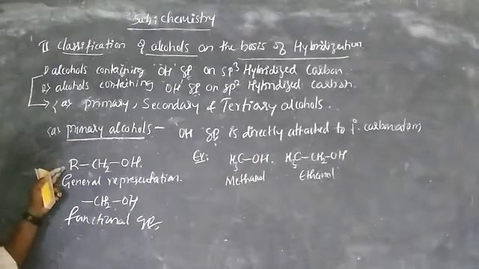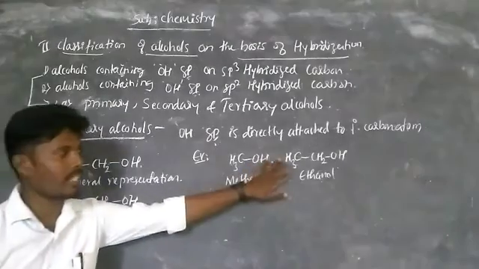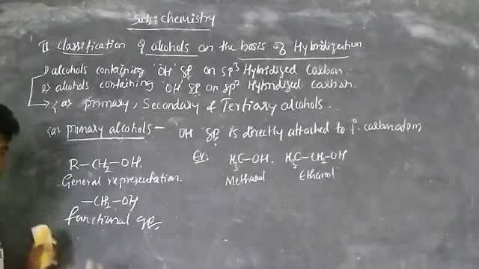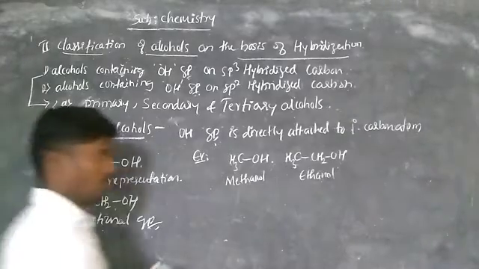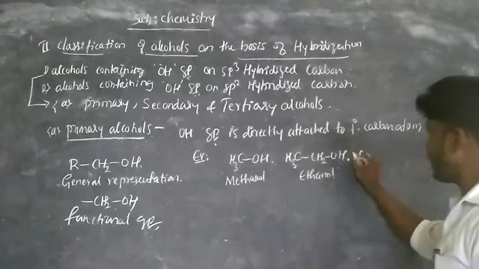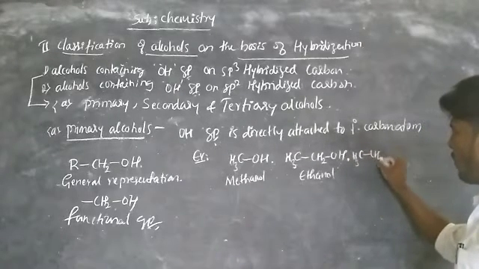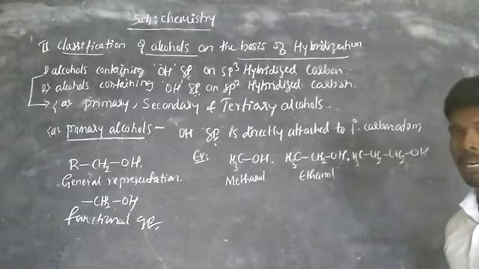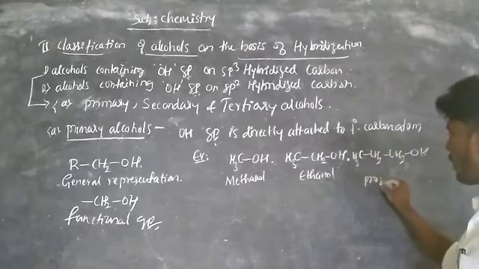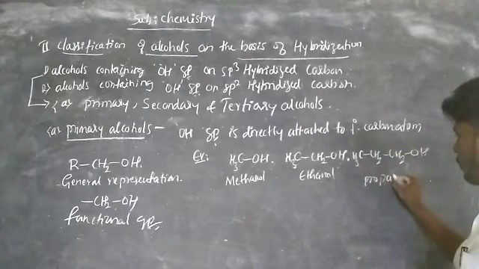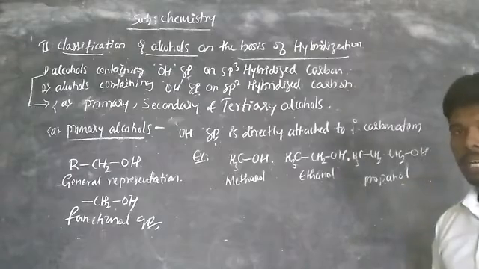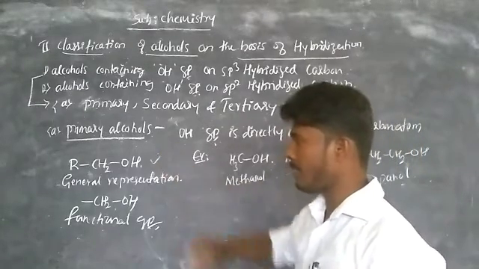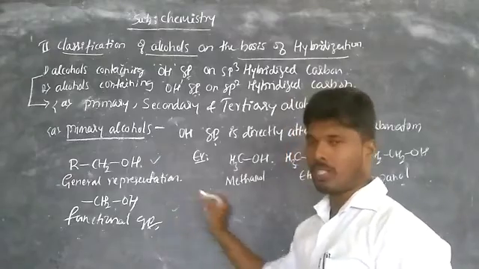So in place of R, if you write CH3, you get CH3CH2OH, ethanol. If you write in place of R an ethyl group, you get propanol. So propanol is nothing but CH3 bond CH2 bond CH2 bond OH, 1, 2, 3 carbon atoms. So the name of the compound is propanol. Okay, so these are the examples for primary alcohols. This is the general representation and this is the functional group.